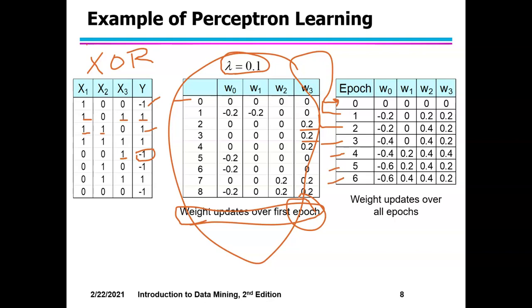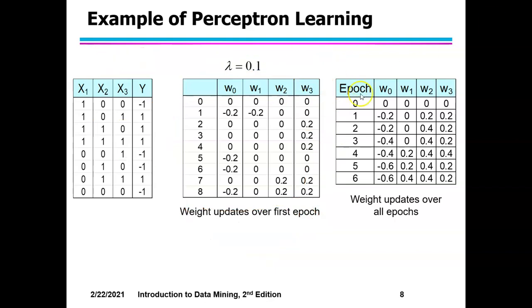If you don't include the first epoch, it will be 6, but if you include it, the total will be 7. So these are the weight updates over all epochs. You need to be clear about what an epoch is: it is a full repetition of your neural network, right?